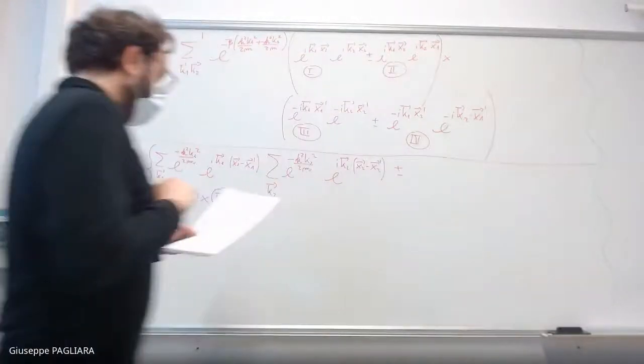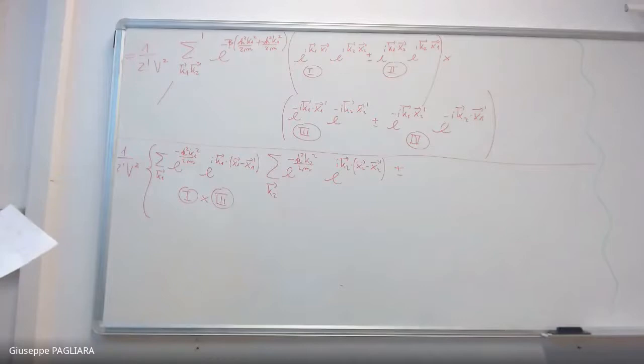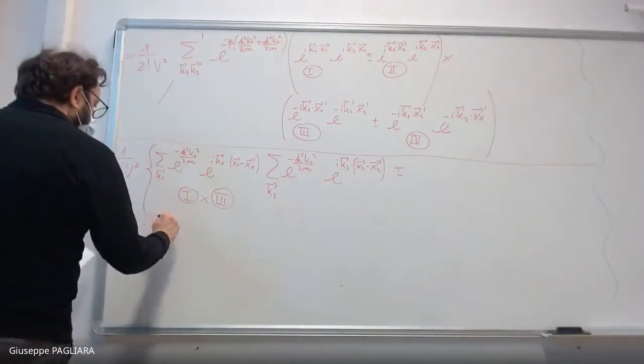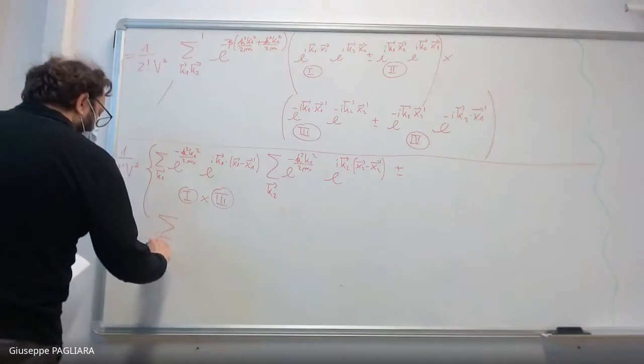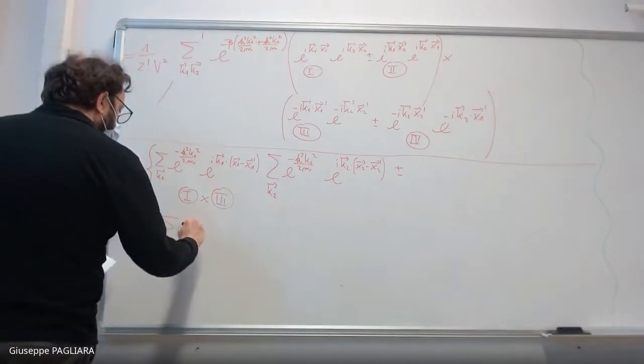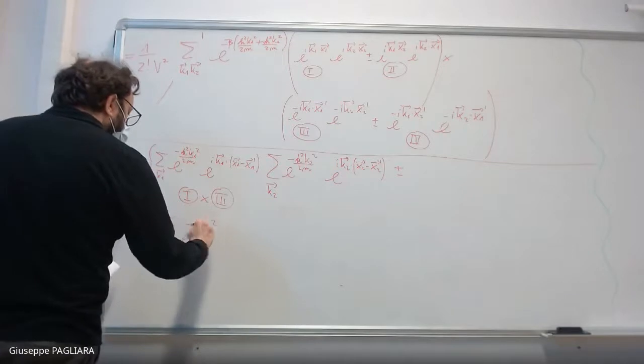Let me write it below, maybe it is clearer. Okay, so then I have the sum over k1 of e to the minus beta k1 squared divided by 2m.